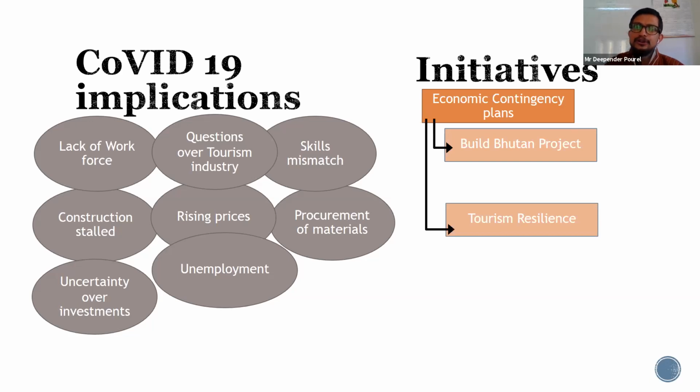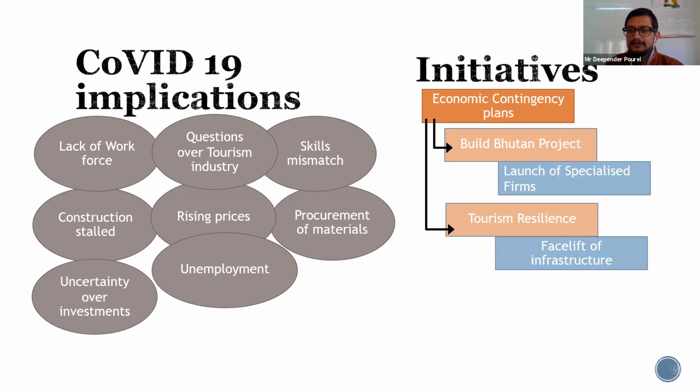The Build Bhutan project came up because we are very much dependent on workforce from across the border, and we need to build our skilled manpower. And for tourism, despite it being hit hard, we believe that we can always come back stronger and better after COVID, and that has been the goal of the current government.